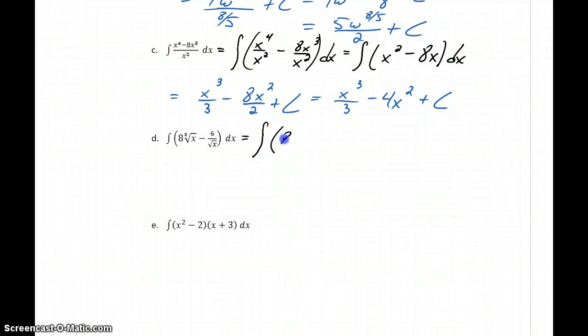So that could be rewritten as 8 times x to the 1/3 power minus 6 divided by the square root of x is the same thing as 6 over x to the 1/2. So we've got 6 x to the negative 1/2 dx. So again, neither of our exponents are exactly equal to -1, meaning we can integrate these using that same formula that we have for integrating x to the n power.